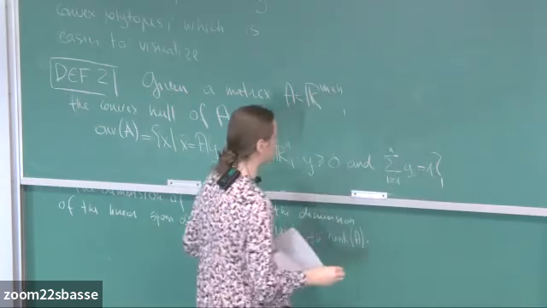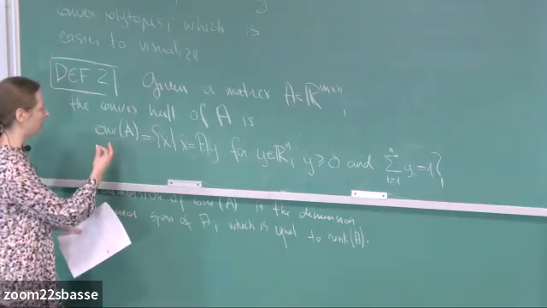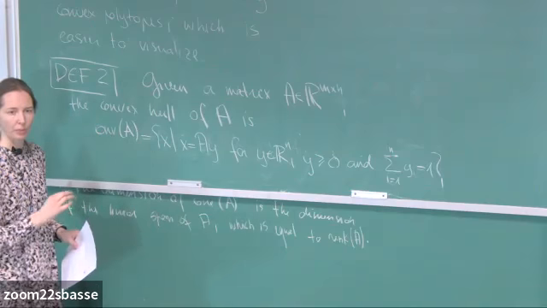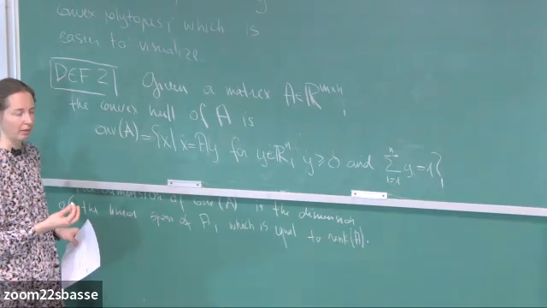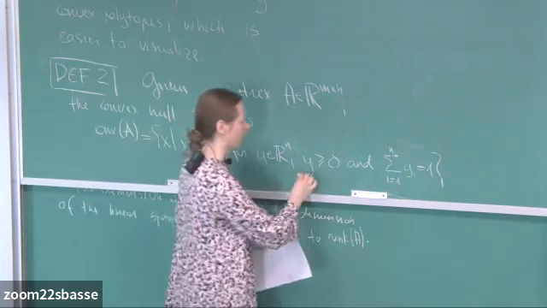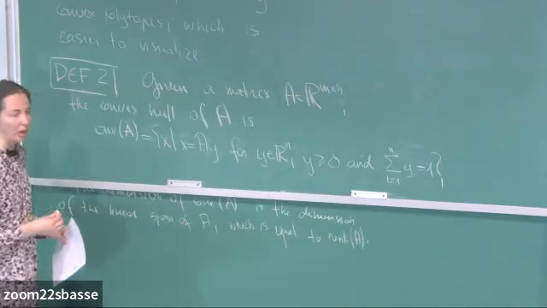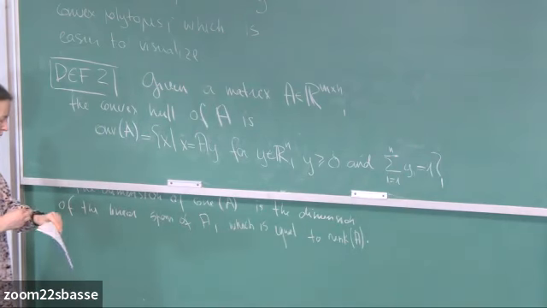So this is what it means, convex hull. All the elements of the convex hull of A are convex combinations of columns of A. This means linear combinations where also these two conditions are satisfied, that y is non-negative and the sum of coordinates of y is equal to 1.